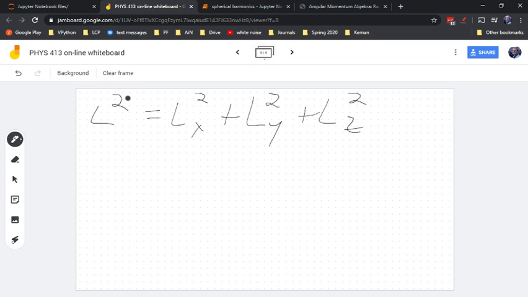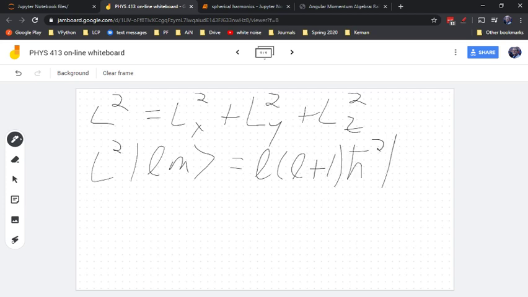This thing is also an operator, and it turns out this thing also has an eigenstate of |L M⟩. If you act on |L M⟩ with this L squared, the magnitude of the angular momentum, it spits out another eigenvalue. It spits out L times L plus 1 times h bar squared, acting on the same state |L M⟩.